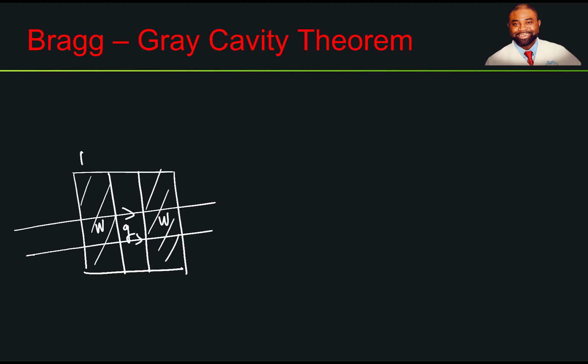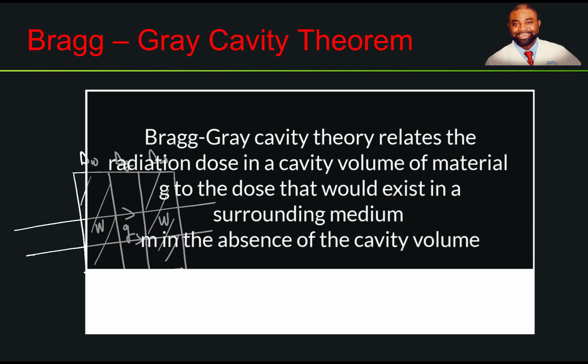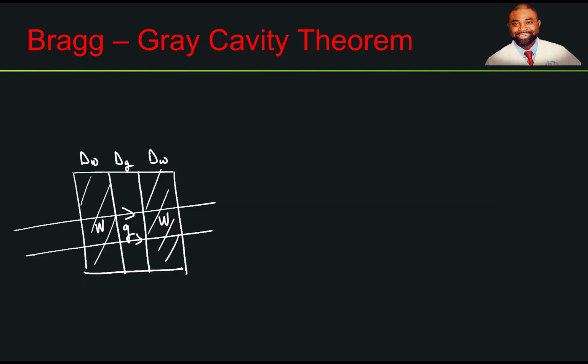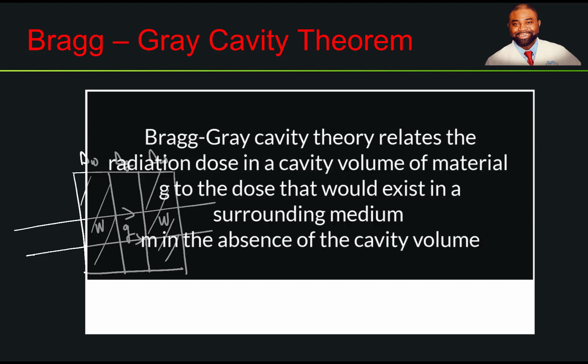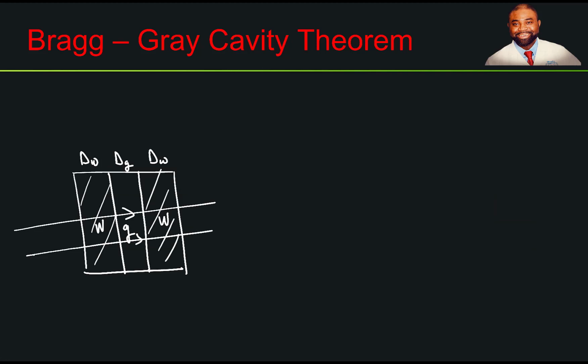The dose, this is dW, the dose in the cavity and the dose in the medium. Bragg-Gray cavity theory provides a means for us to relate the dose in W to the dose in G on one condition: that charge-particle equilibrium exists between these two different partitions.